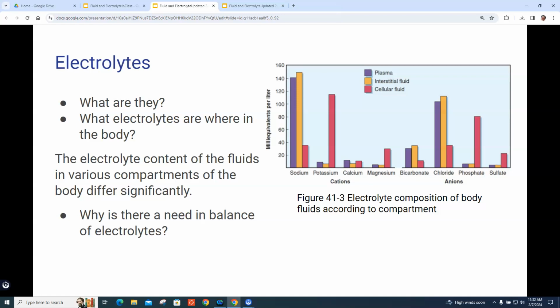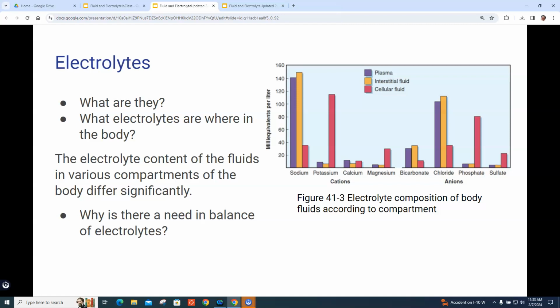So we know electrolytes are electrically charged substances that can break into smaller pieces called ions. There are two major types of ions. They are called cations, which have a positive charge, and anions, which have a negative charge.